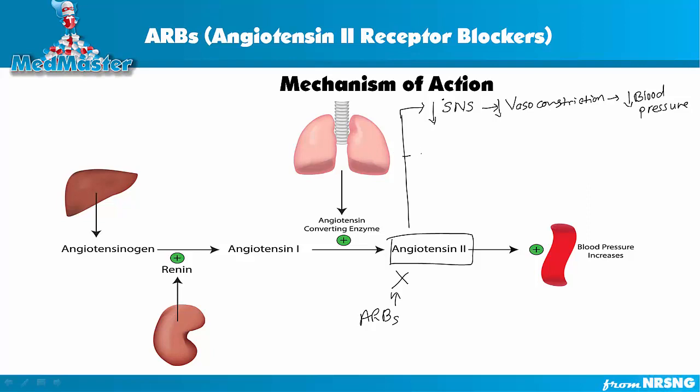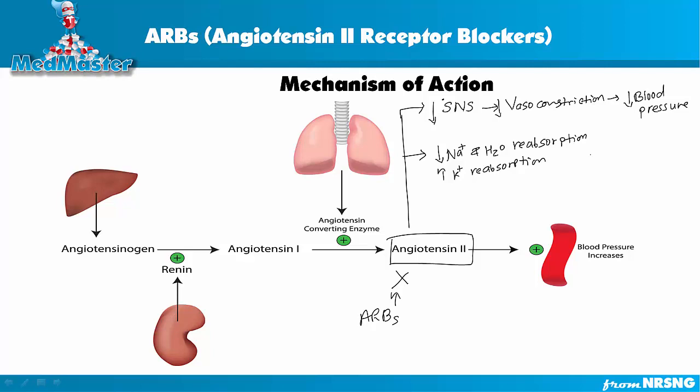Second, in the normal RAA system, angiotensin 2 increases the sodium and water reabsorption. When we block it, it's going to decrease the sodium and water reabsorption, and it's going to increase potassium reabsorption, or some people may say it's going to decrease the sodium excretion, same thing.